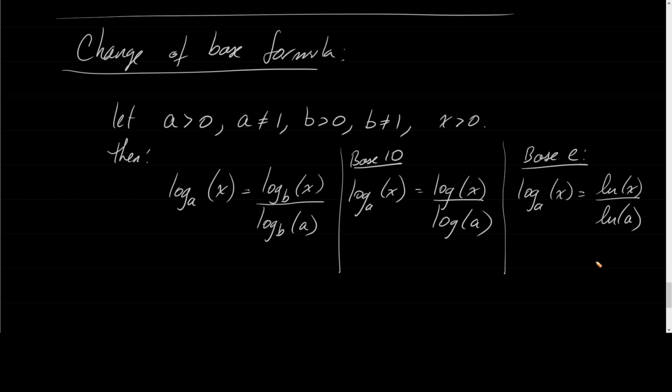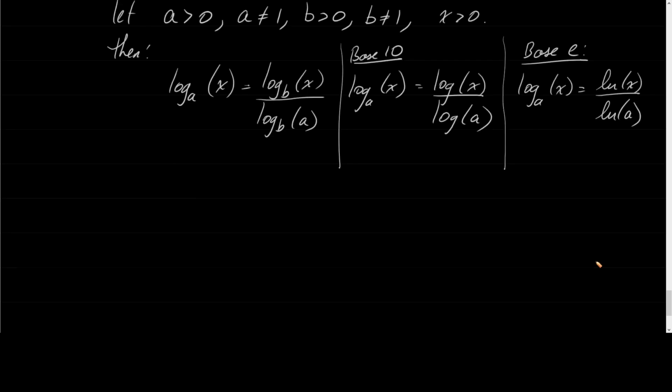Now, this is helpful for when you have multiple different bases in an expression and you want to put it down to just one kind of base. So that's one possible way to do it.